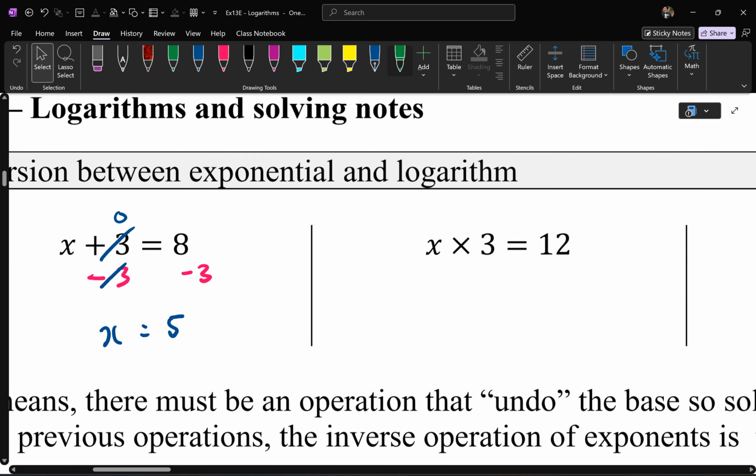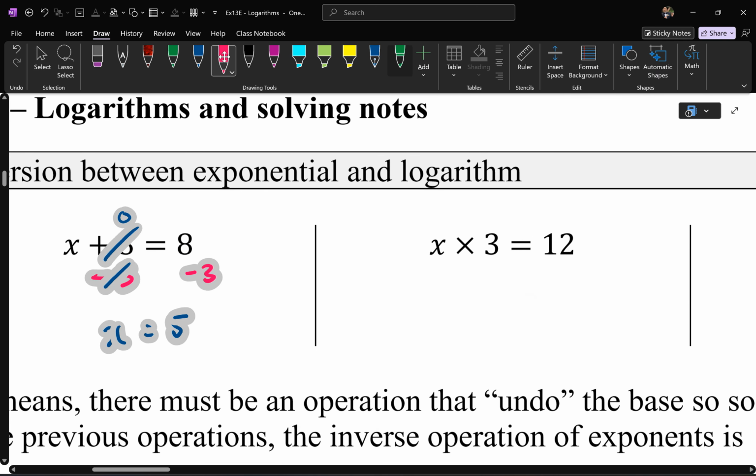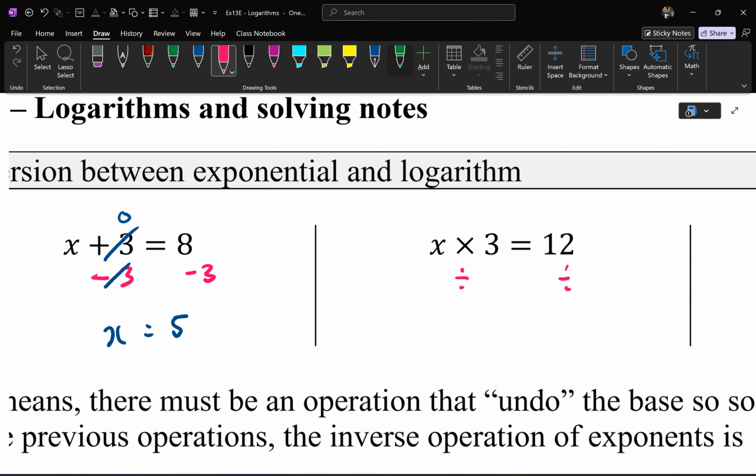Same thing over here. Opposite of times is division, so that's the symbol. The quantity is, I times by 3, well then I divide by 3, and we know that the inverse times 3 divided by 3 is like saying 3 divided by 3, which is 1. X times 1 does not change the value of x.